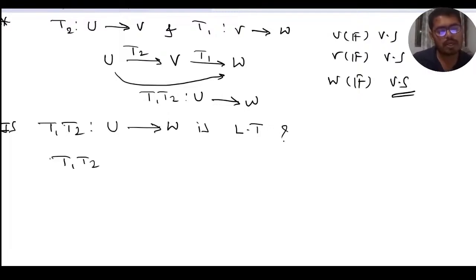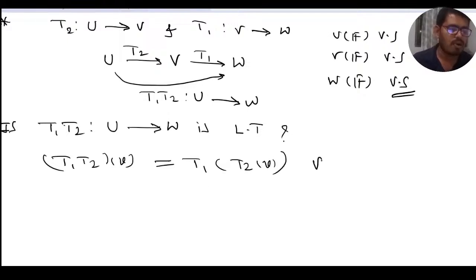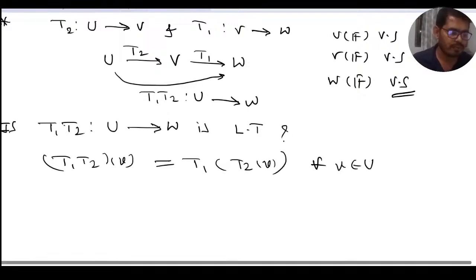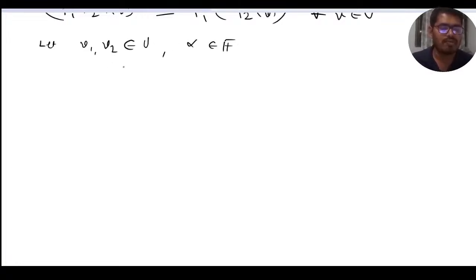T1 T2 of v is defined as T1 of T2 of v, for all v belongs to U. Next, take two vectors v1, v2 from U and alpha is any scalar from the field F. Then alpha v1 plus v2 is also in U.